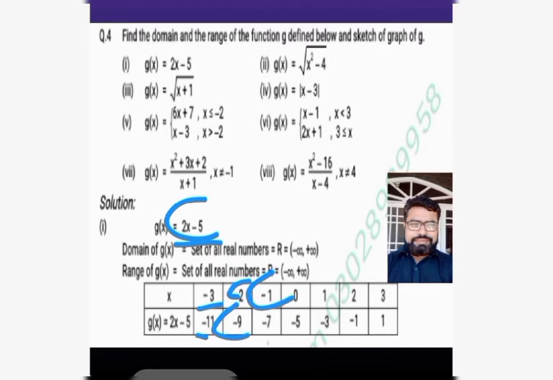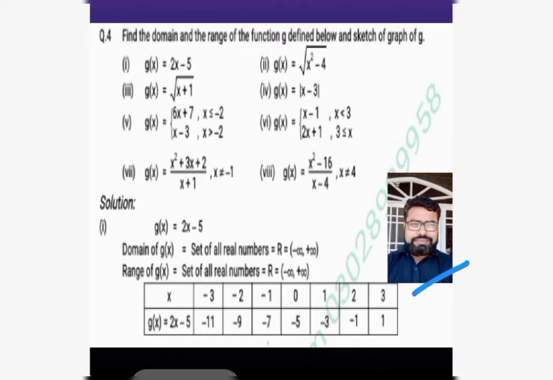If you put -1, 2 into -1 minus 5, the answer will be -7. If you put 0, 2 into 0 is 0, and 0 minus 5, answer will be -5.